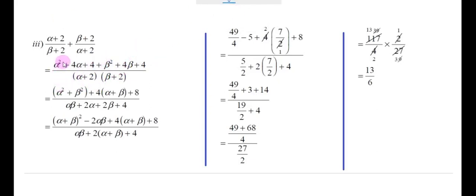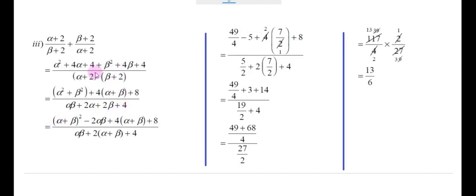Now look, let us arrange in order: alpha square plus beta square plus, now look, 4 alpha 4 beta, there 4 is common, you know, so we should take it outside, so plus 4 into alpha plus beta, plus 4 plus 4 is 8, whole divided by, let us multiply the denominator, so alpha beta, next plus 2 alpha, next 2 beta, next plus 4, 2 2s are 4, understood.